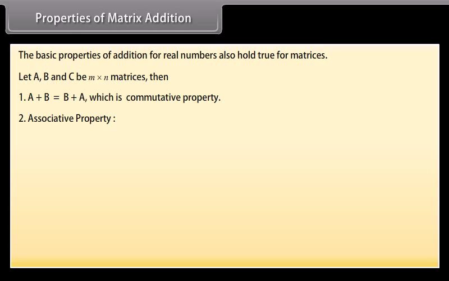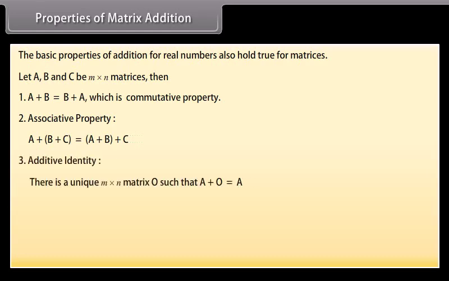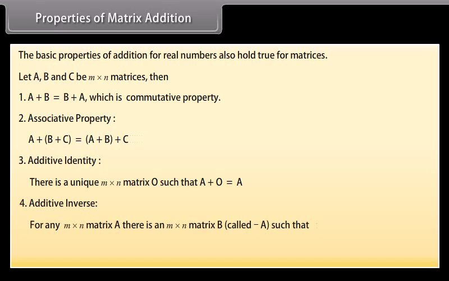Associative property: A plus B plus C is equal to A plus B plus C. Additive identity. There is a unique m by n matrix O such that A plus O is equal to A. Additive inverse. For any m by n matrix A, there is an m by n matrix B called minus A such that A plus B is equal to 0.